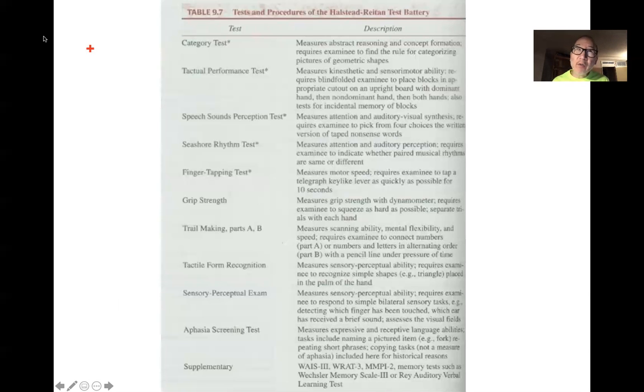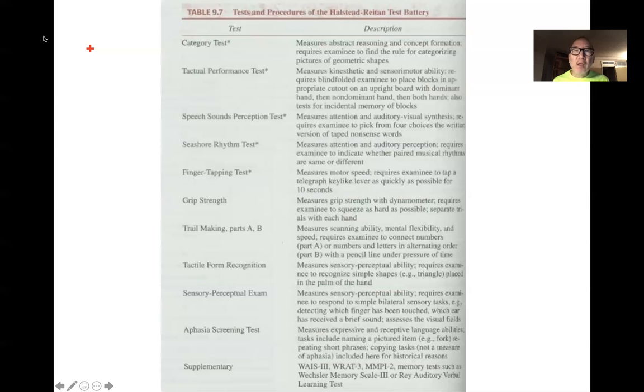So here are all the tests that make up the Halstead Reitan. Very similar. You can see a tactile test. There's the Seashore Rhythm test, an auditory test where a person hears different rhythm patterns, and then they have to repeat those rhythm patterns by tapping their hand on the table, or so on.